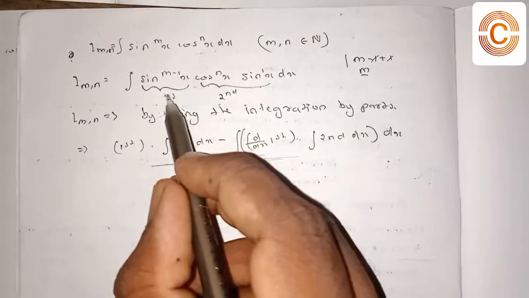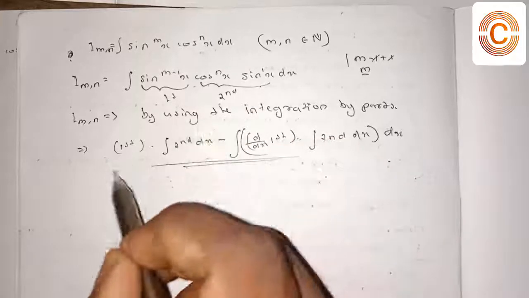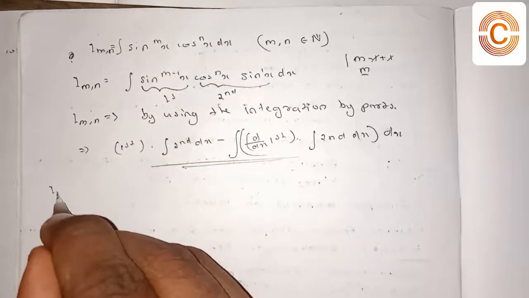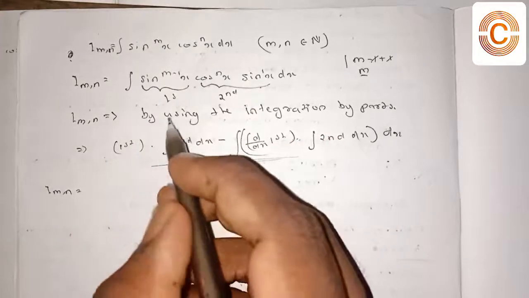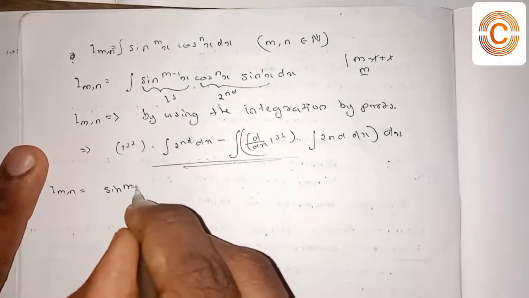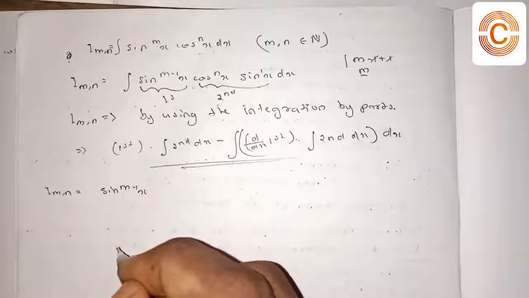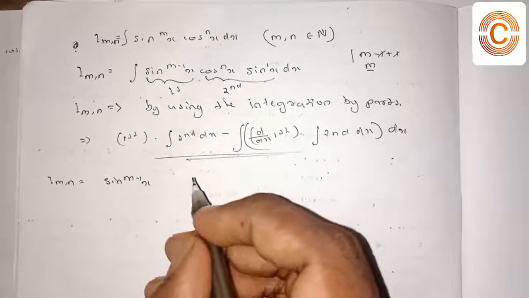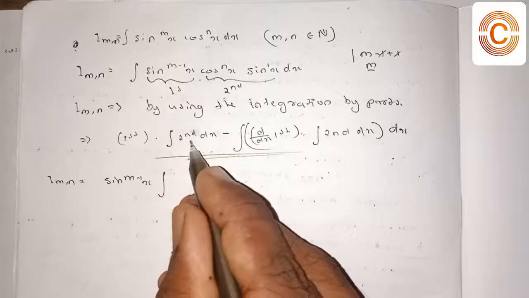So put this first function and second function in this formula, then we get I m comma n equal to: here the first function is sin raised to m minus 1 x, and we take the integral of the second dx.